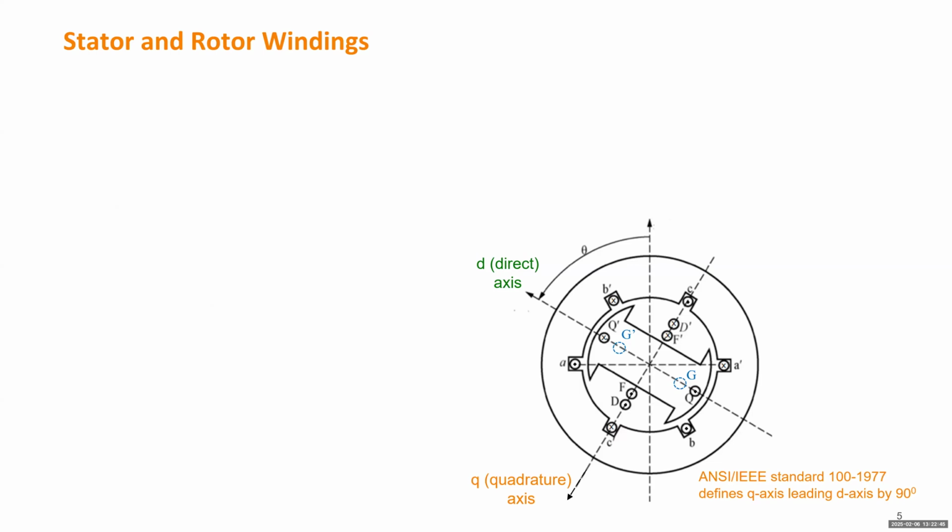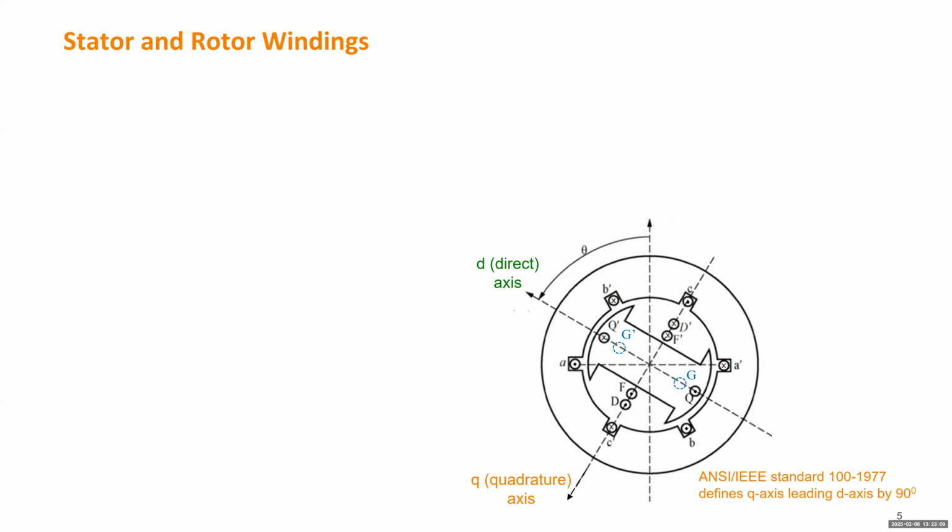Next, we're ready to model those windings in the stator or rotor of a synchronous generator. Here I draw a number of windings. For each winding I use a pair of letters to indicate it. The convention is to use lowercase letters for stator windings: a, b, c.